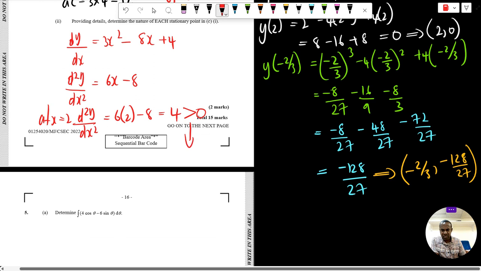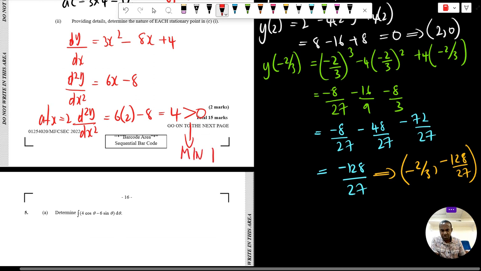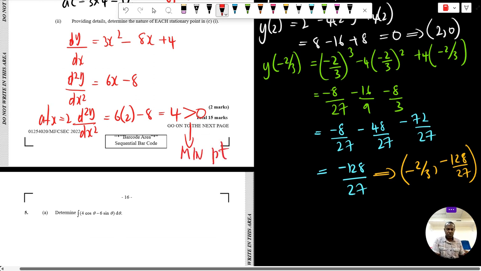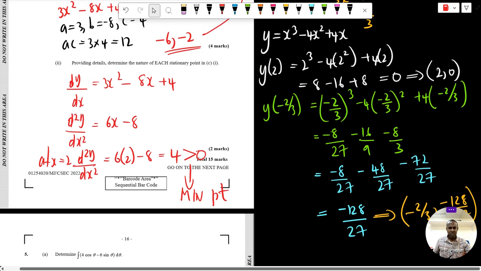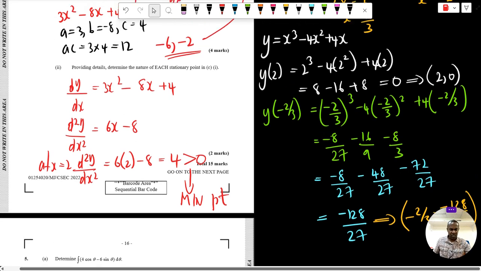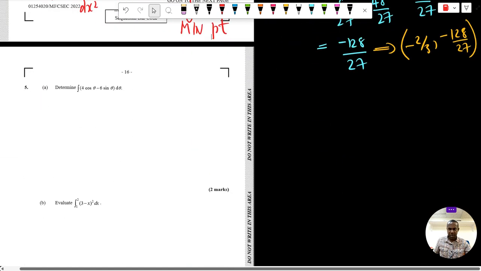And this tells us that this point is a minimum point. Because the second derivative is positive at that stationary point, it means that point is a minimum point. And logic suggests that the second point, of course, will be a maximum.